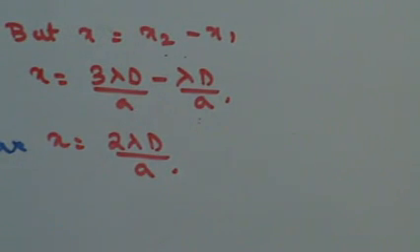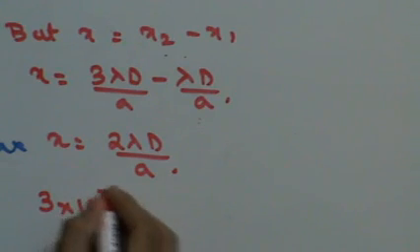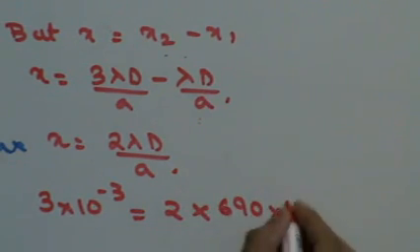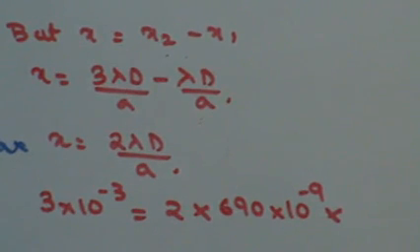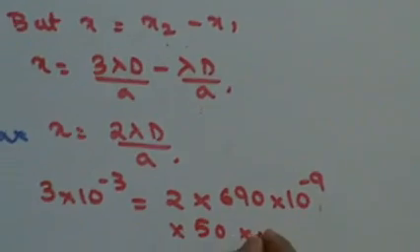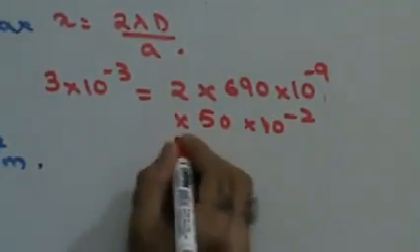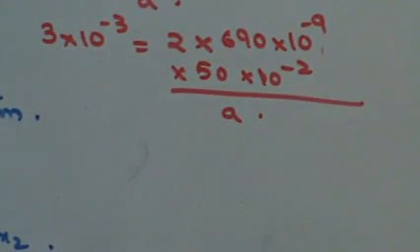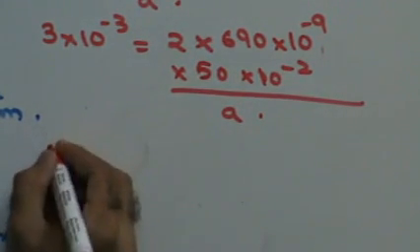Out of this, I know the value of x. They have given you that the distance is 3 millimeters, so 3 into 10 raised to minus 3. 2λ, λ is given to you as 690 into 10 raised to minus 9. d is given to you as 50 into 10 raised to minus 2, divided by a. a is the width of the slit.